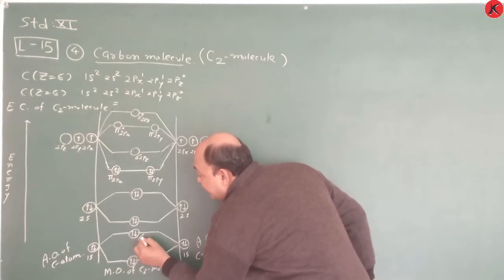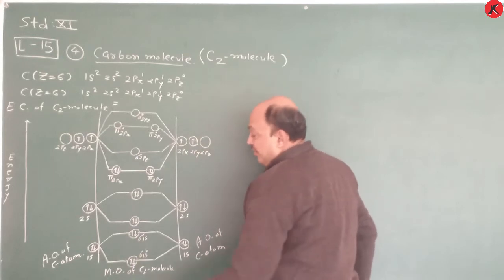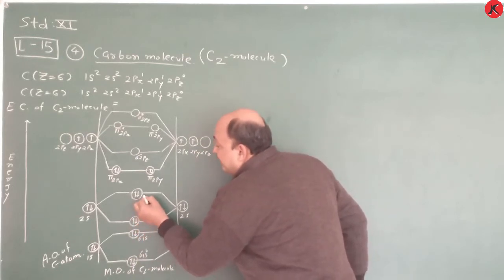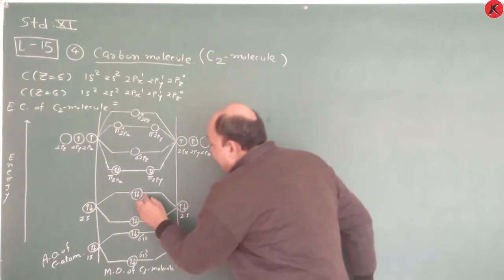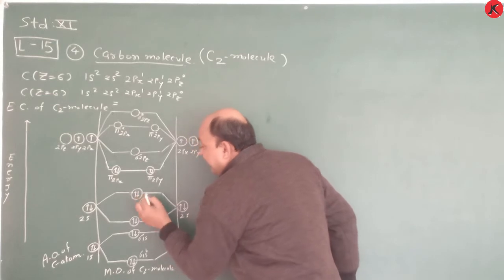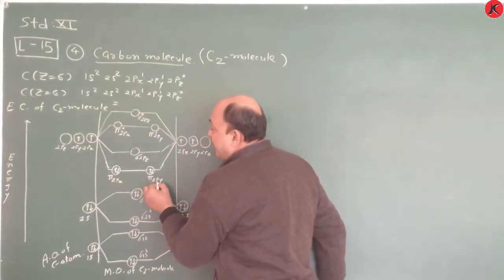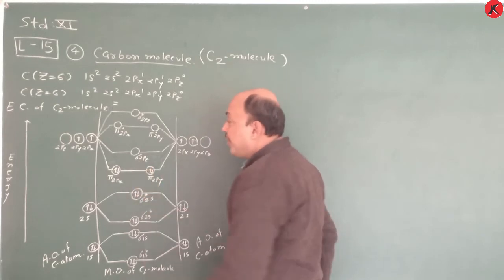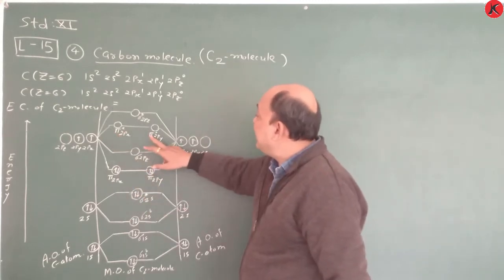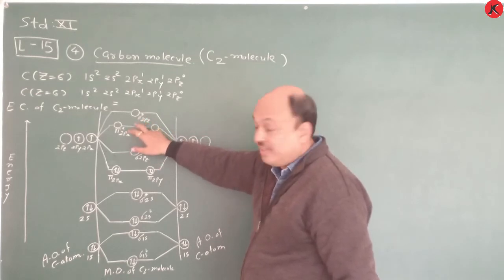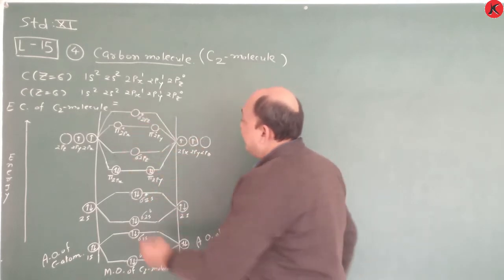This is known as sigma star 1s. In the same way, sigma 2s bonding, and this is known as anti-bonding, sigma star 2s. Right, the star has higher energy. This is pi 2px bonding, pi 2py bonding, sigma 2pz bonding. Here pi star 2px, pi star 2py, and sigma star 2pz. You have to remember this one.